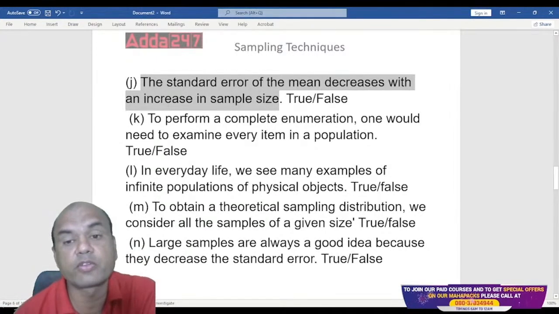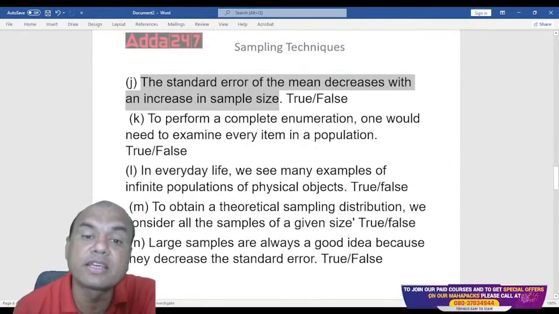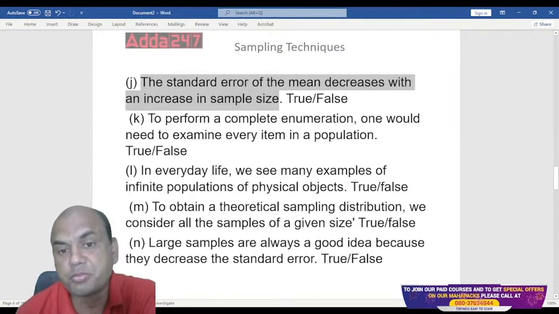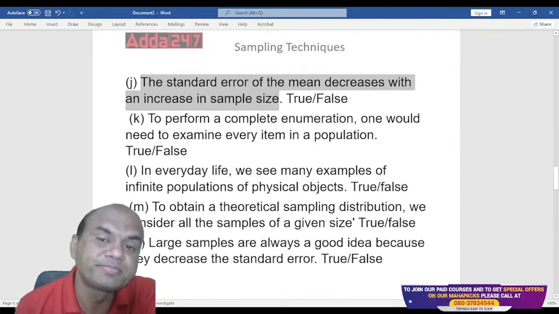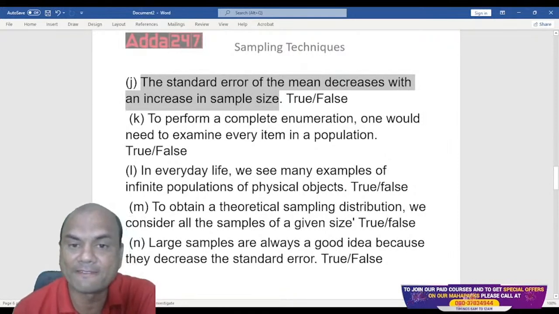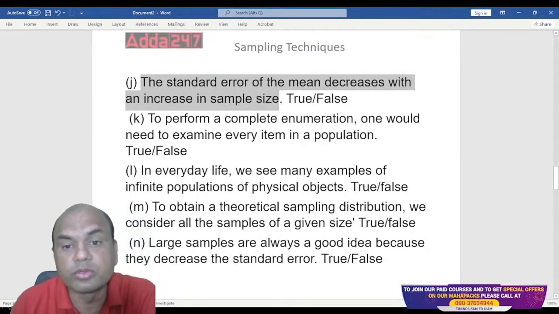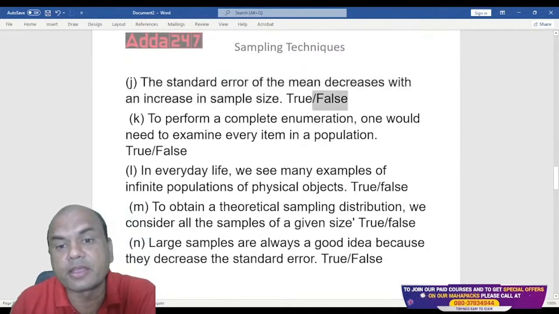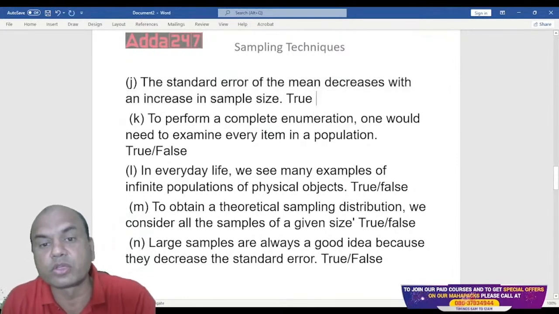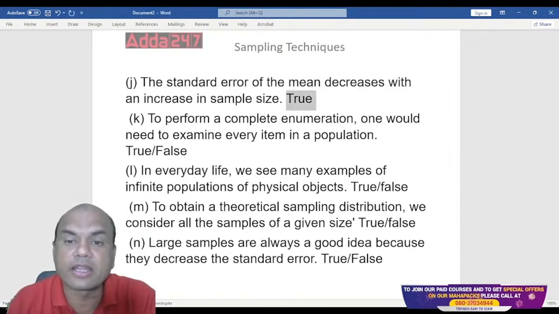It is true. That is the basic rule of sampling. So the standard error will decrease.